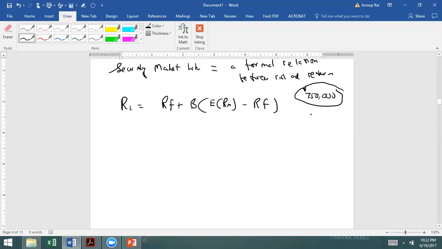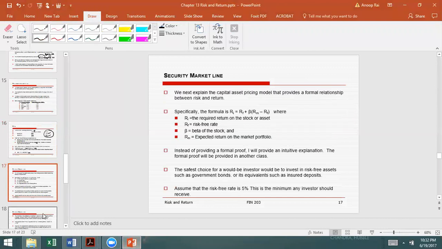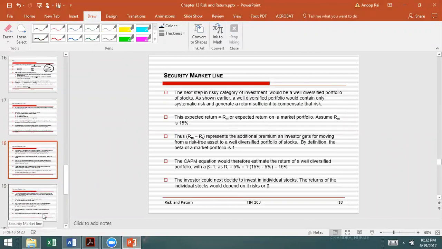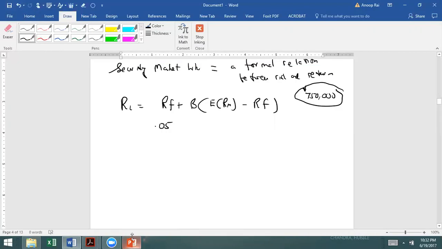So let's say the current risk-free rate is 5%. I'm just making up a number. So finally she agrees, and she takes the money out of the mattress and buys government bonds. And guess what? She's earning 5% happily away.